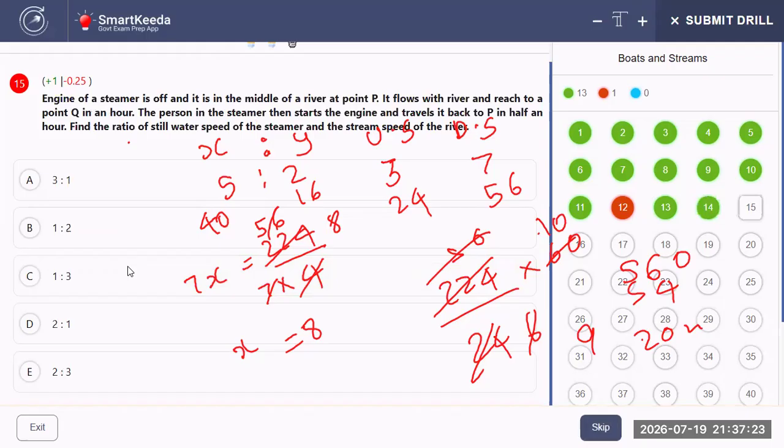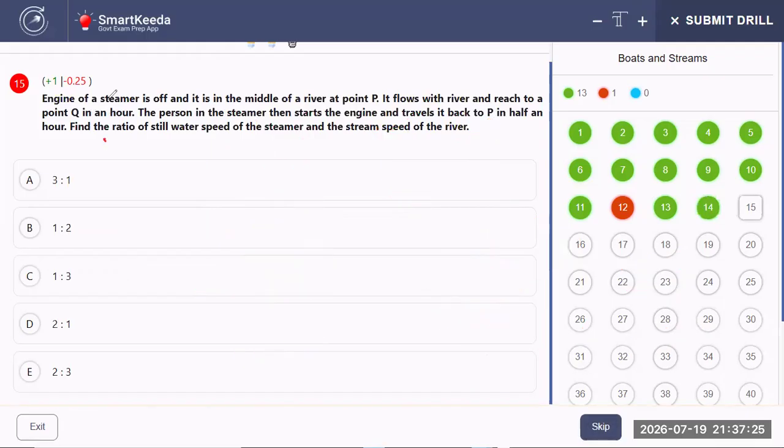Next, the engine of a steamer is off and it is at the middle of the river at point P. It flows with the river, which means it is downstream speed, and reaches point Q in 1 hour.